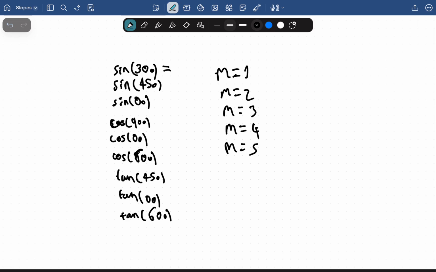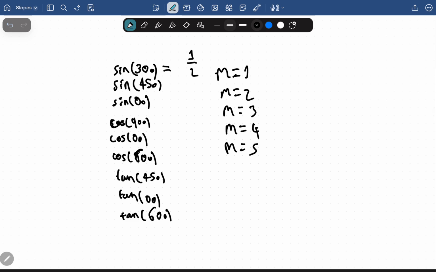If you did your math correctly, it should be root 1 over 2, which is further simplified into just 1 over 2. There we go.